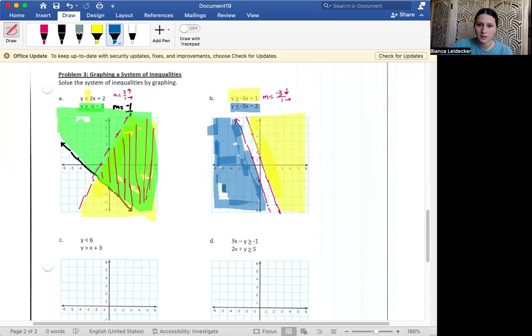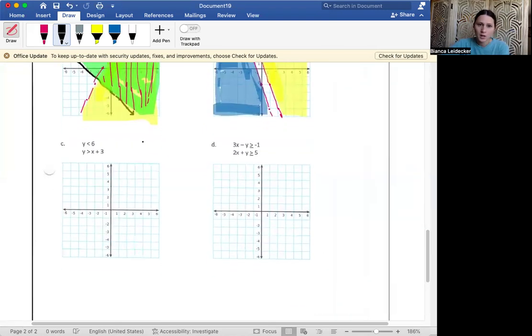What I see is they do not overlap at all. They're shading in totally opposite directions. So this is what we call no solution. There's nothing in common, and their inequalities do not indicate that anything will overlap. So this is no solution.